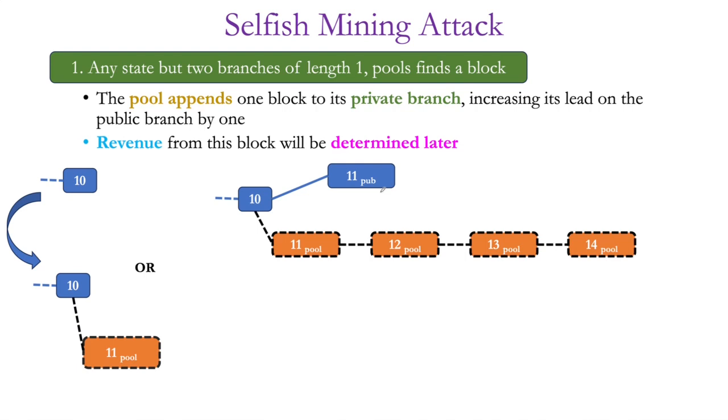In the public chain, they are building the same block with the same collection of transactions, but the selfish mining attack does not broadcast it to other miners in the network. They create their own private network, private branches.